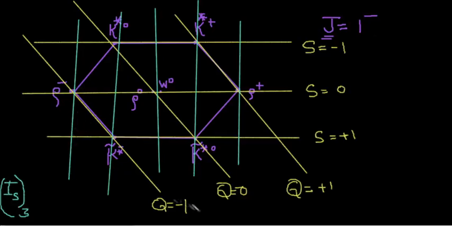The third component of isospin goes in a fashion that the middle vertical line is given as 0, and then you increase by half to the right and decrease by half to the left. So it will be plus half here, then plus 1. Similarly it will be minus half here, and here it will be minus 1.